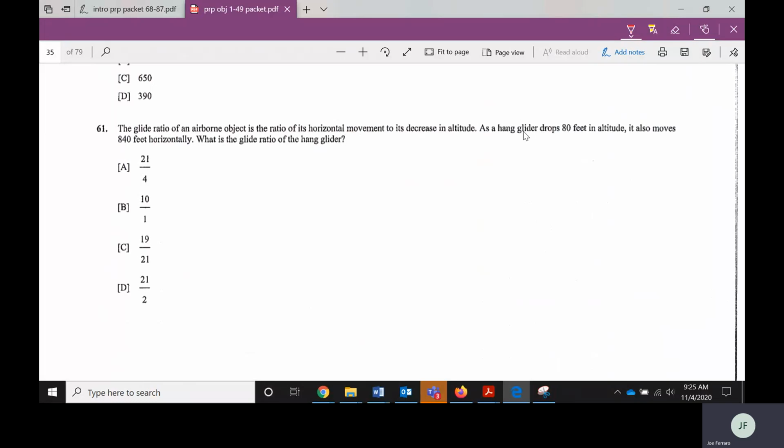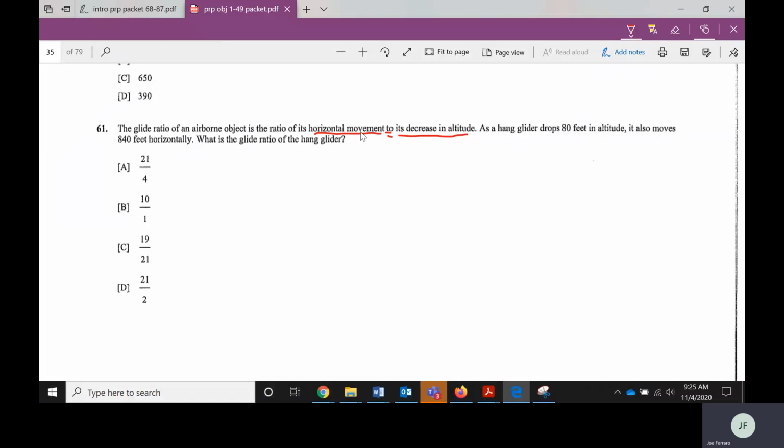It says, as a hang glider drops 80 feet in altitude, it also moves 840 feet horizontally. What is the glide ratio of the hang glider? So the glide ratio, they say in this first sentence, of an object is the ratio of its horizontal movement to its decrease in altitude.